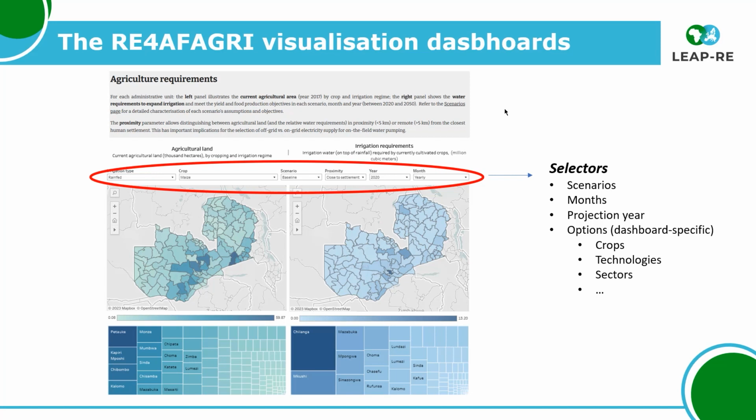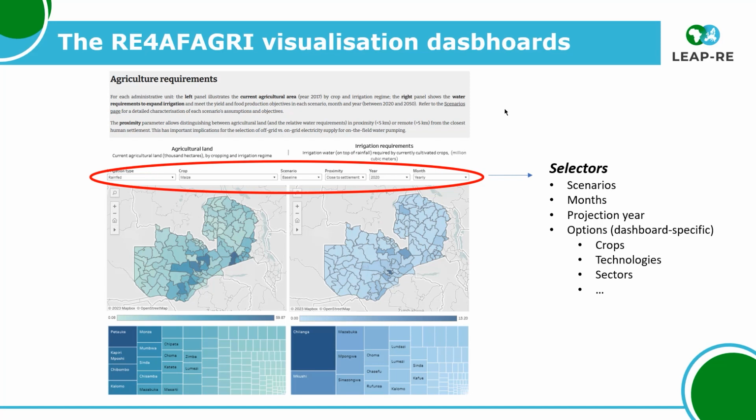Selectors allow to select different dimensions, such as the scenario, the year in question, which crop to explore, and different assumptions on what are the estimates that the user would like to visualize.